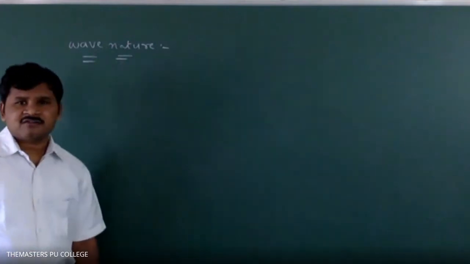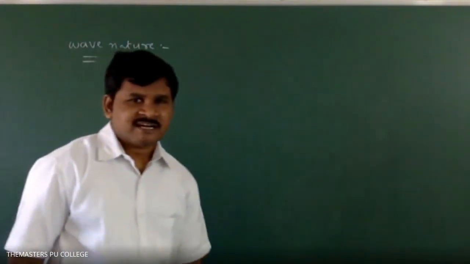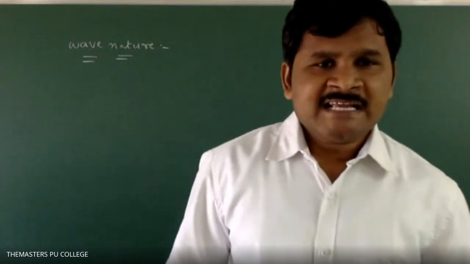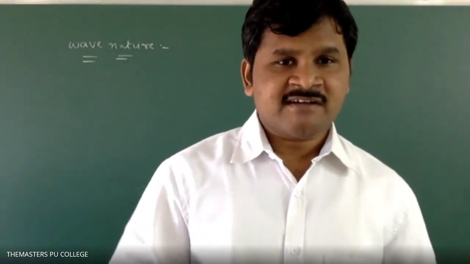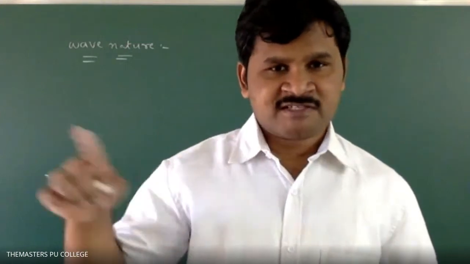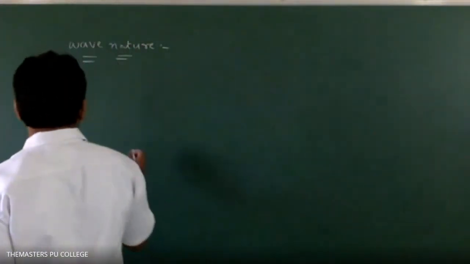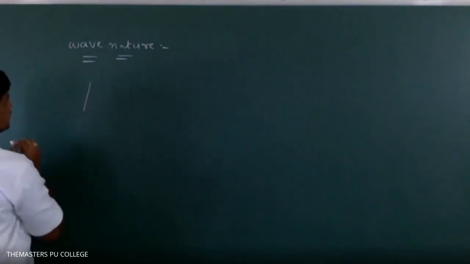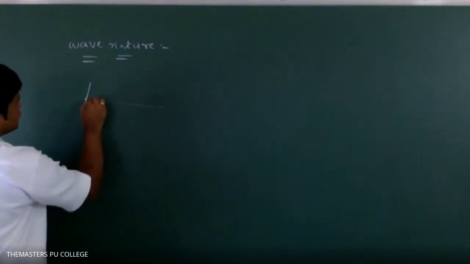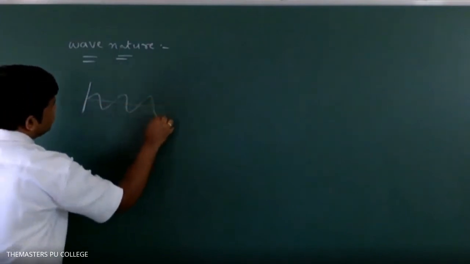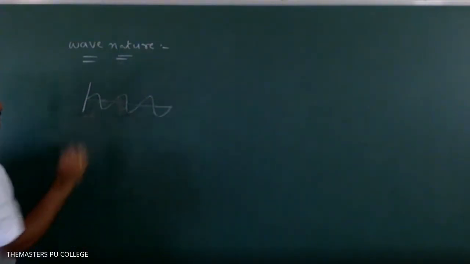According to the wave theory of light, light proceeds in the form of waves like this. Suppose we take this as the origin. Light moves like this in the form of waves. These are called waves.